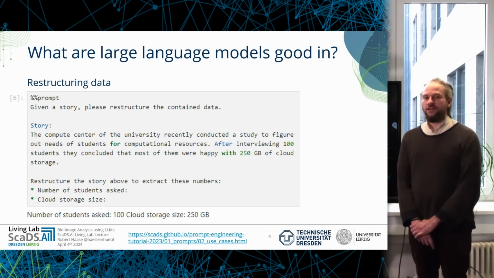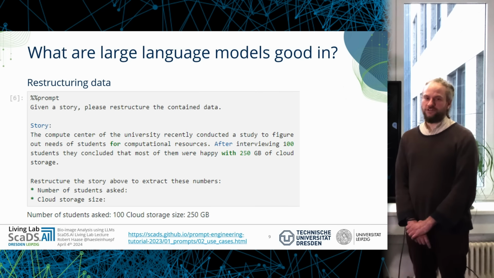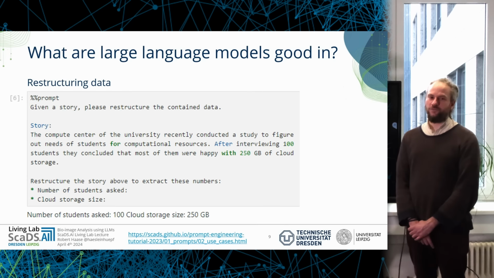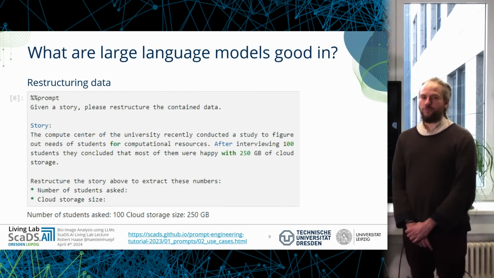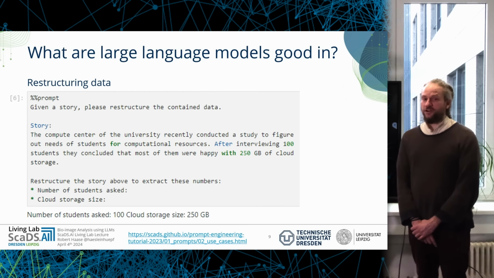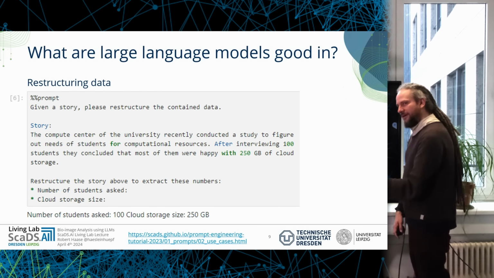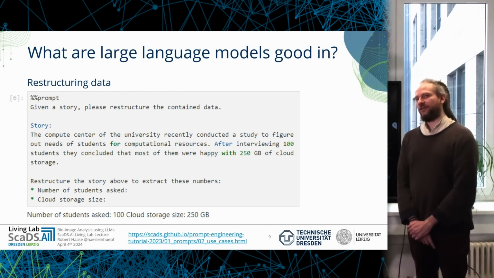And the story is, the Compute Center of the university recently conducted a study to figure out needs of students for computational resources. After interviewing 100 students, they concluded that most of them were happy with 250 gigabytes of cloud storage. Restructure the story above to extract these numbers: number of students asked and cloud storage size. And you see here on the bottom that it comes up with exactly that and puts the right numbers in.